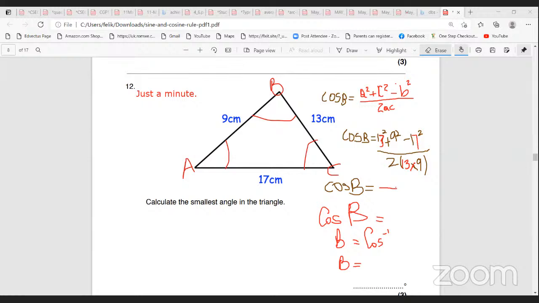All right, let me check to make sure. 250 is correct. So we have 250 minus 17 square. Miss, negative 39 again.